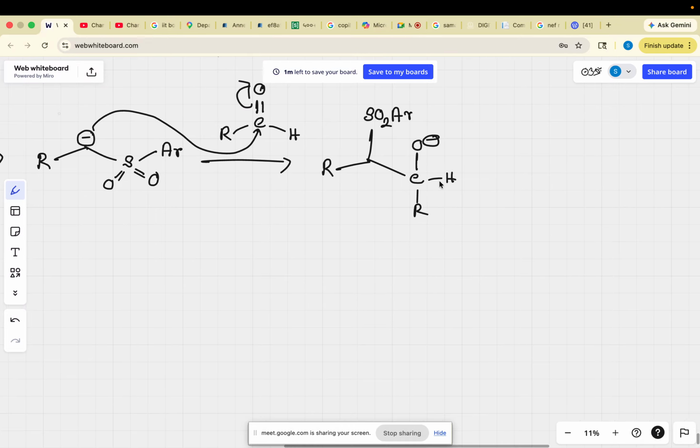Next step, suppose I am giving acetic anhydride. What is the structure of acetic anhydride? CH3, C double bond O, then CH3, C double bond O, with oxygen connecting them, because it's an anhydride.